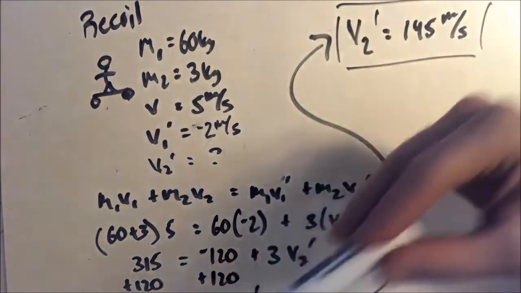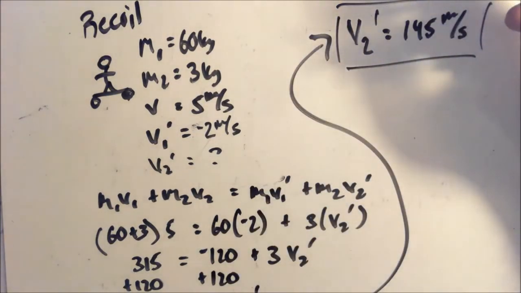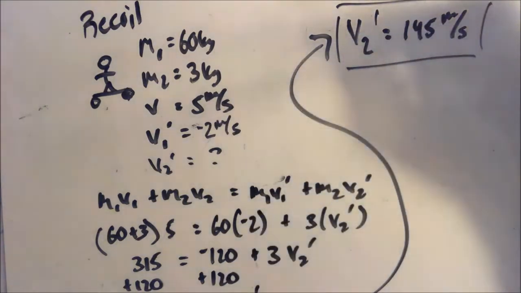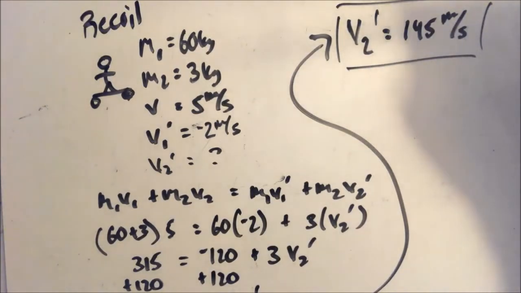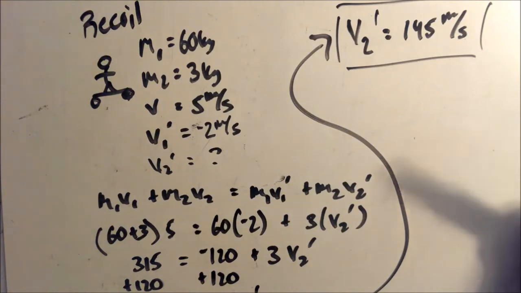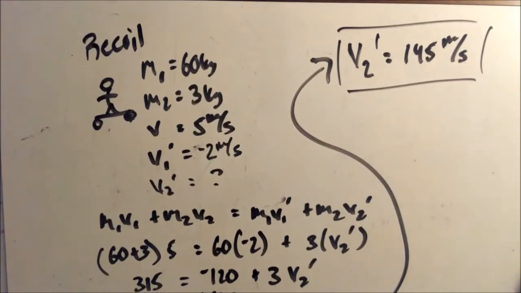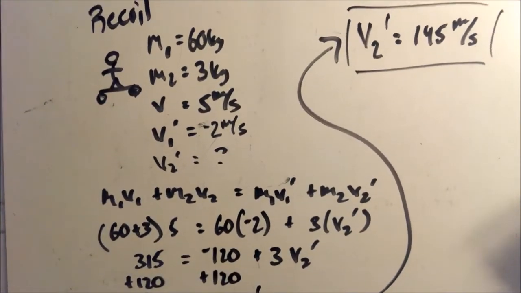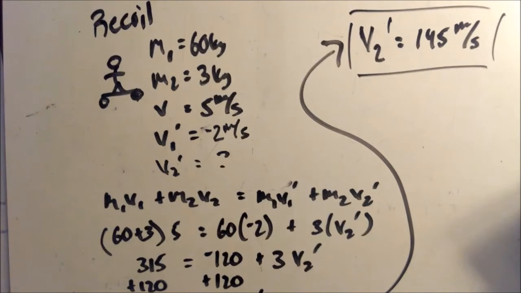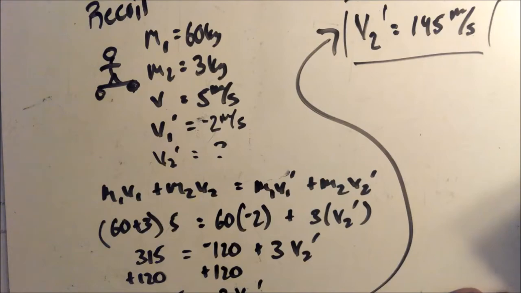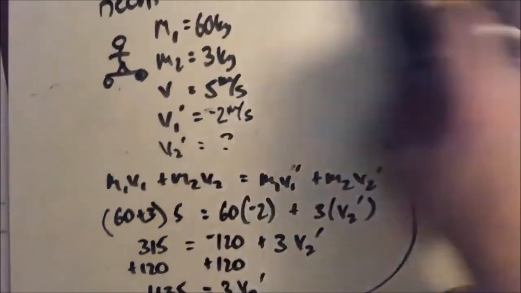That is a change of 420 kilogram meters per second of momentum. That is a big change, and as a result, the much less massive skateboard flies off at a very fast 145 meters per second. Yeah, I made this up on the spot, which is why my answer makes no sense at all. But it's still correct.